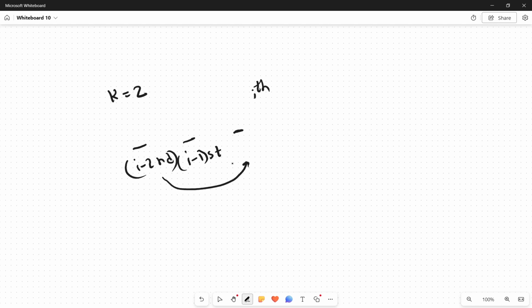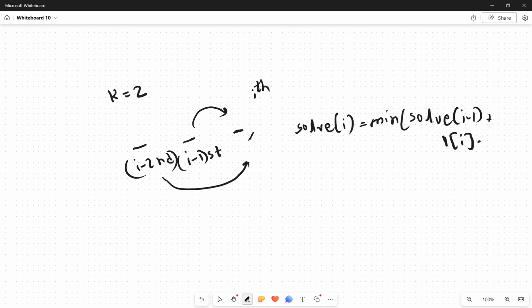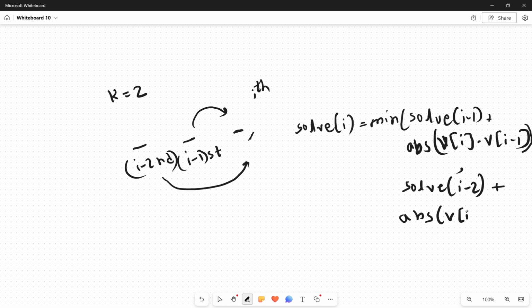Suppose solve of i returns the minimum cost incurred to come to the ith stone, which will be the minimum of solve of i minus 1 plus the absolute value of v of i minus v of i minus 1, where v is just the height array, comma, second argument will be solve of i minus 2 plus the absolute value of v of i minus v of i minus 2. So for Frog 1, this approach was used.